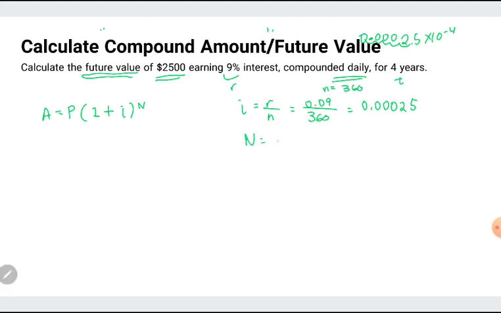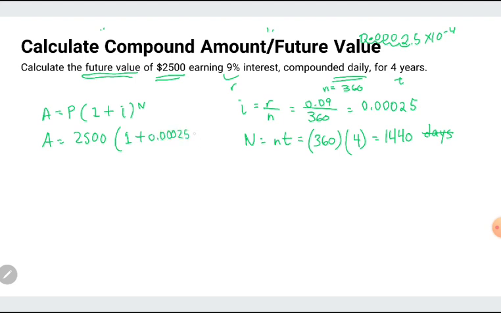My big N is just small n times t. N is 360. Time is 4. So 360 times 4 is 1,440 days, or 1,440. So P is 2,500. 1 plus I, which is 0.00025, raised to the 1,440.